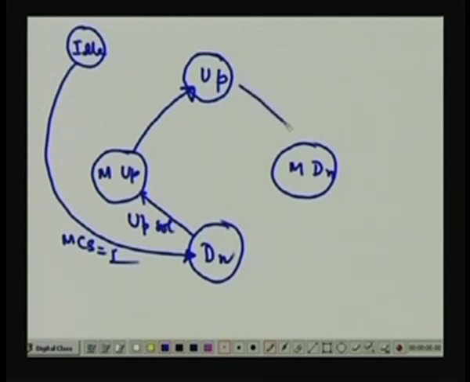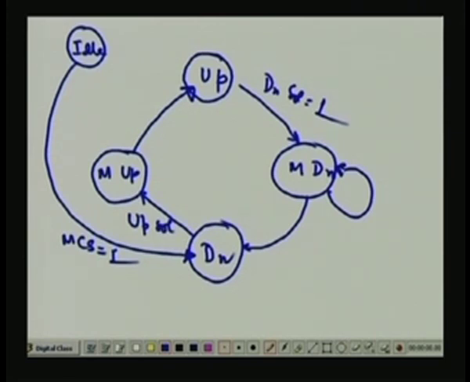In the up state, if you give it a down solenoid equal to 1 input, then it will be in the moving down state, and then by itself it will come to the down state. In between, sometimes there are self loops, because it might take quite some time for it to come down from up to down state.